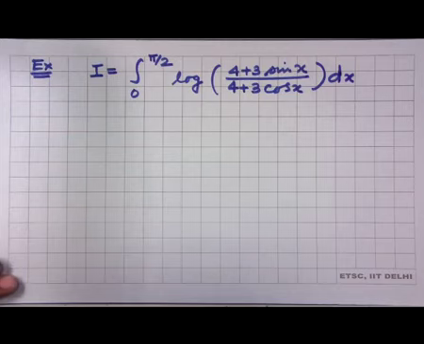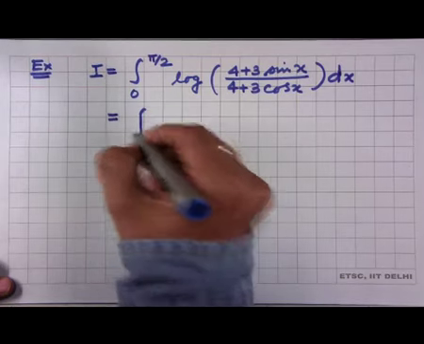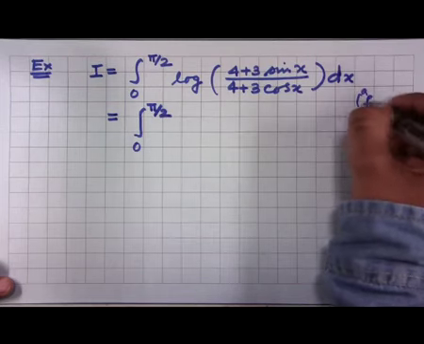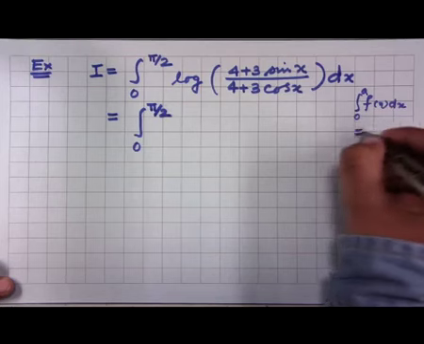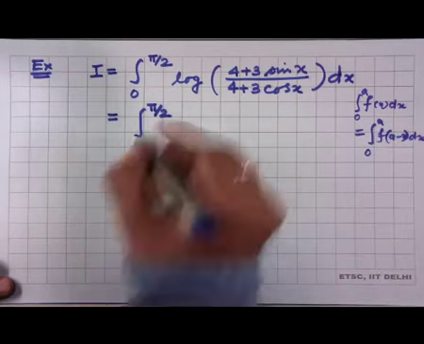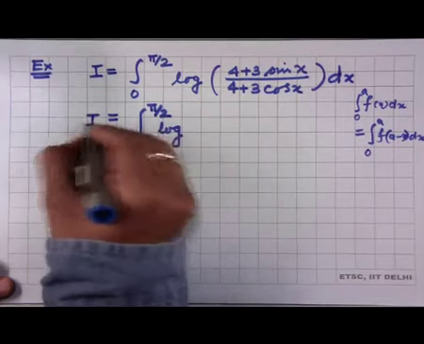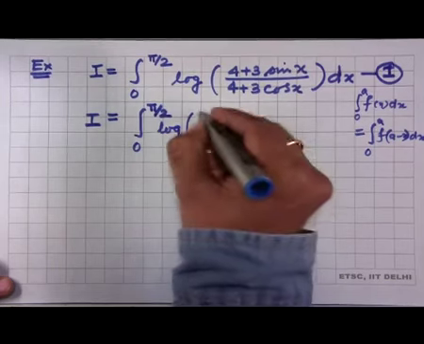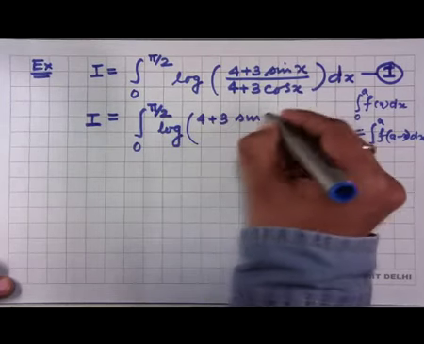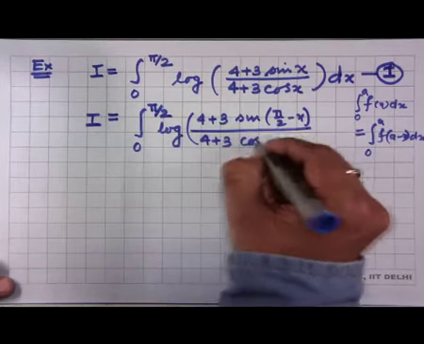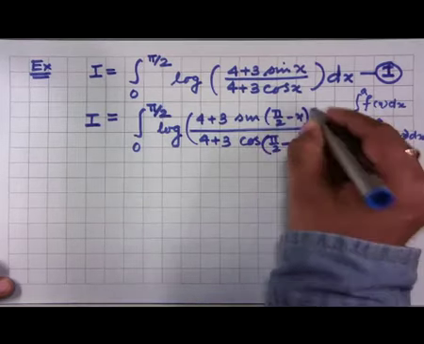At the very first instance, it seems a very complicated problem as usual, but again by using the property that integral 0 to a f(x) dx is the same as integral 0 to a f(a minus x) dx, we can write that I will be equal to, say this is equation 1, log of 4 plus 3 sin(pi by 2 minus x) by 4 plus 3 cos(pi by 2 minus x) dx.